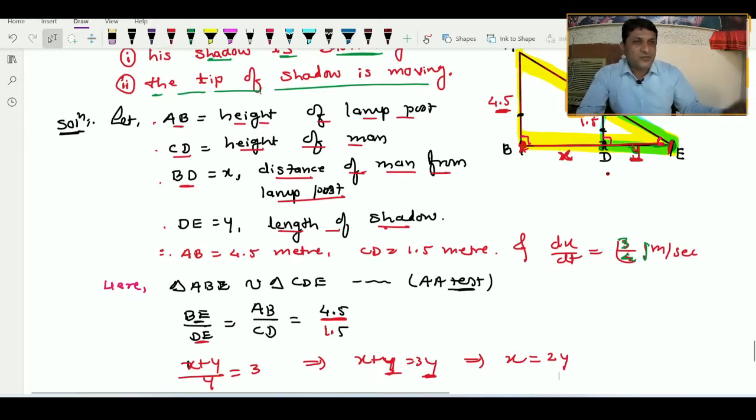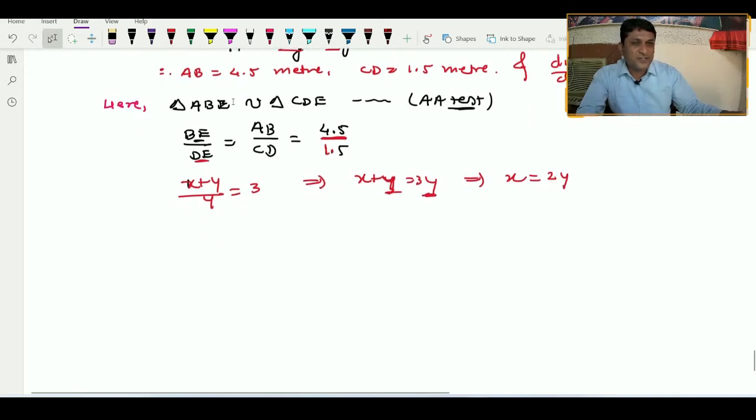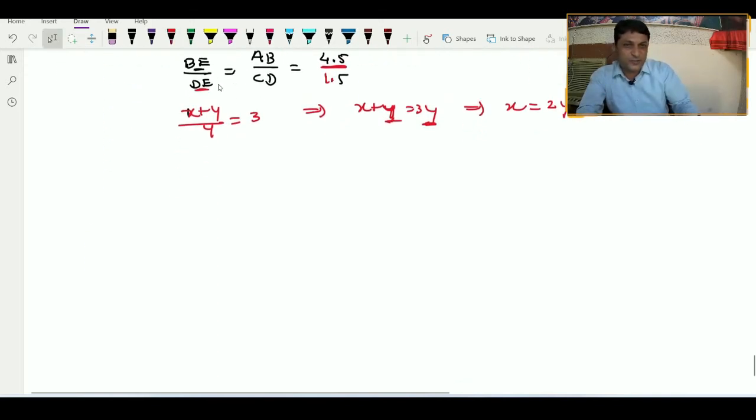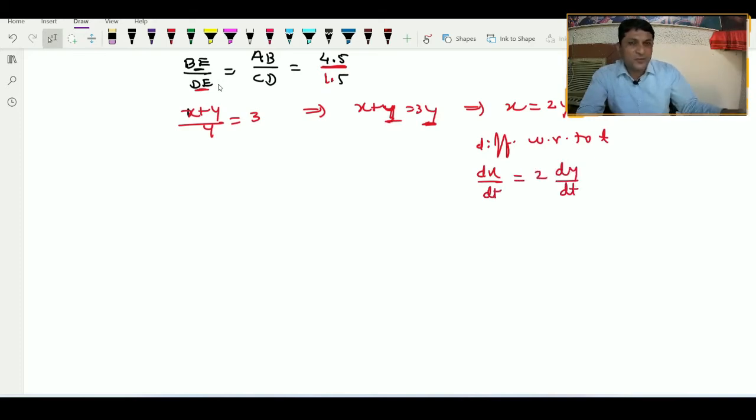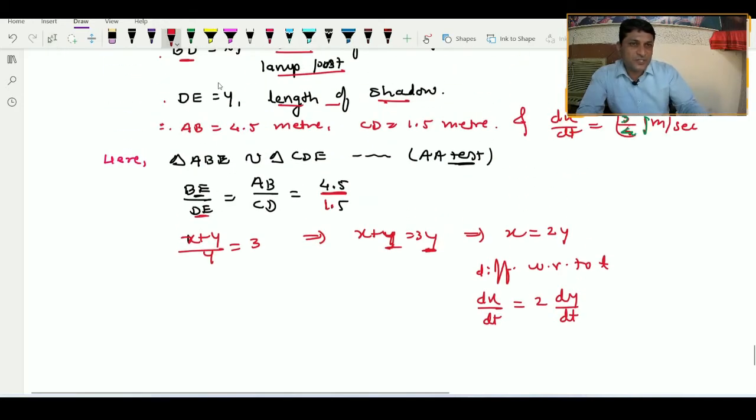Now we are trying to find our first required value, that is dy by dt. That's why we are differentiating this expression with respect to t. So on this side we will get dx upon dt equals 2 dy upon dt. But the value of dx upon dt is given to us. What is the value of dx upon dt? 3 by 4.